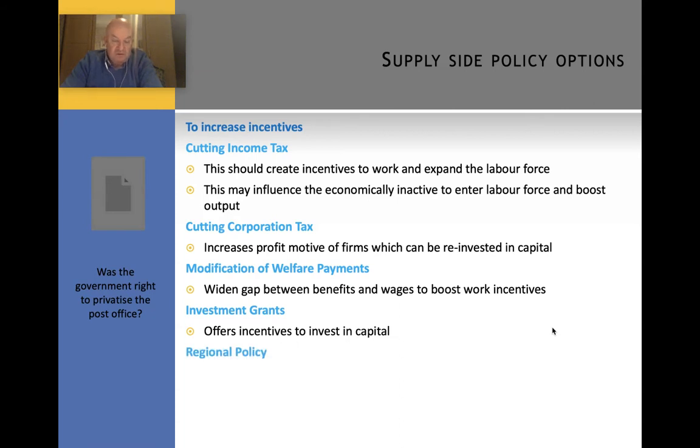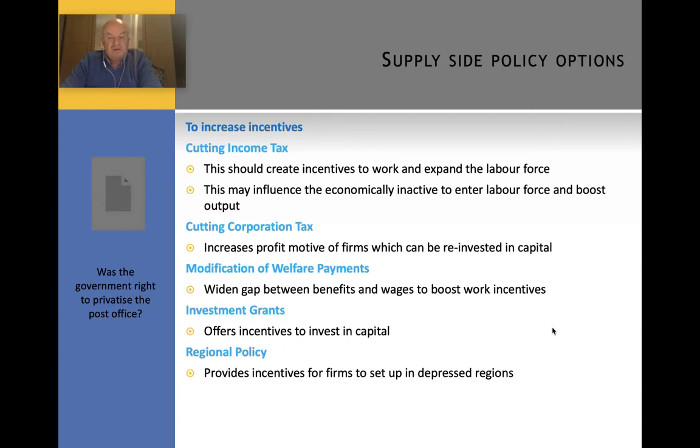And in some cases, you also get regional policy. This tends to be where the government will set up and provide incentives for firms to set up in depressed areas where maybe there's been long-standing unemployment, or there's been some structural unemployment caused by the shutting down of various industries in certain parts of the country.